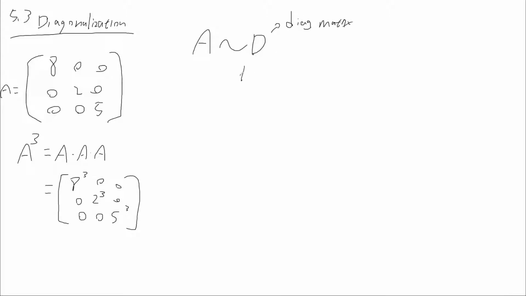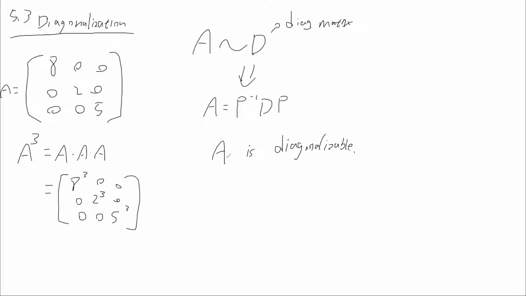That is, A can be written as P D P inverse, where P is some invertible matrix and D is diagonal. Then we say that A is diagonalizable.